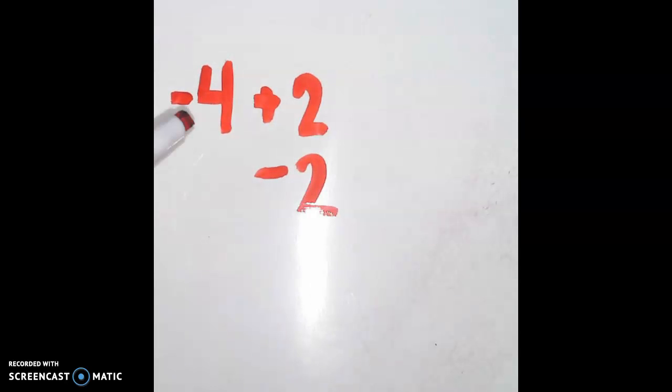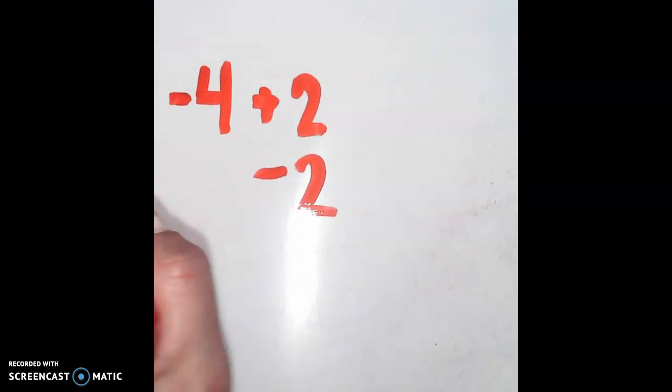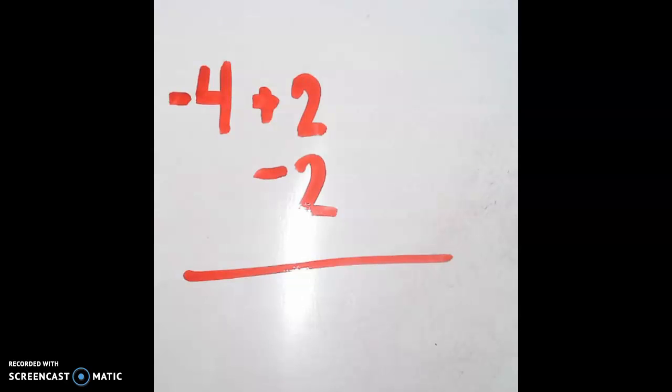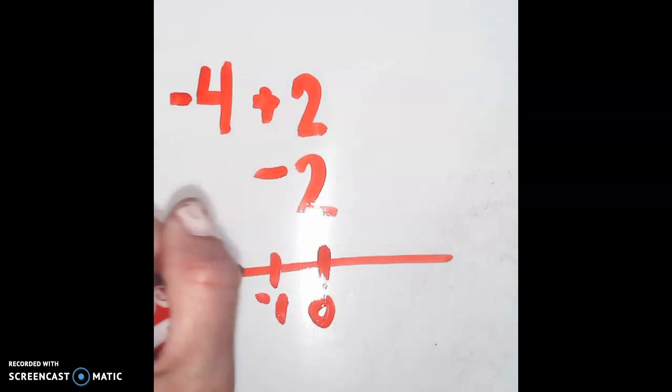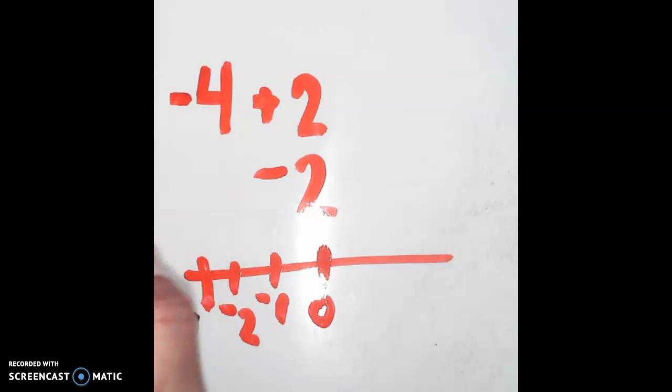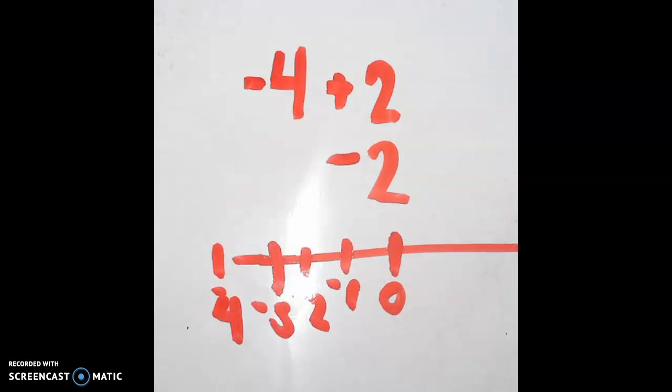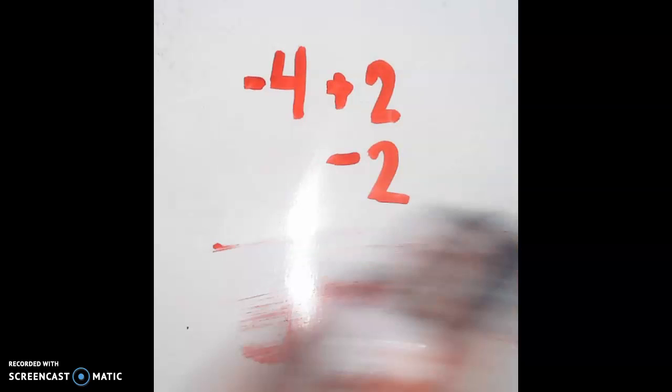If I add a positive 2, I'd be going the other way on the number line. If you have a doubt, use your number line. 0, negative 1, negative 2, negative 3, negative 4. And I add 2 to it. 1, 2. There's my answer. If you have a doubt, draw a number line.